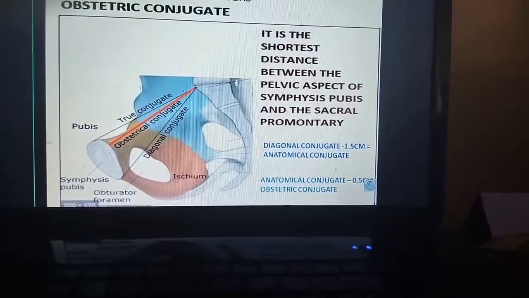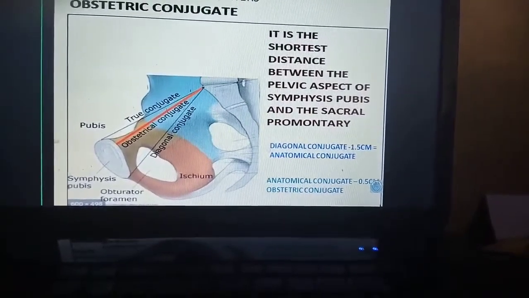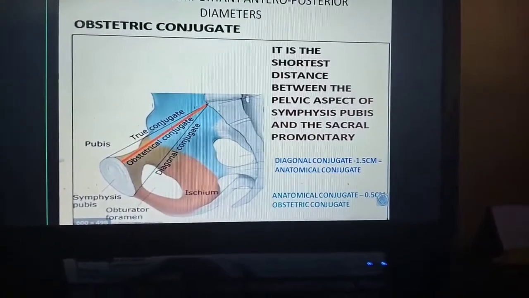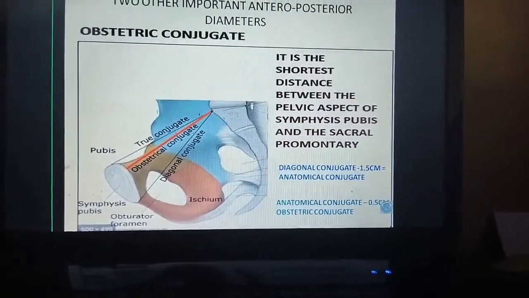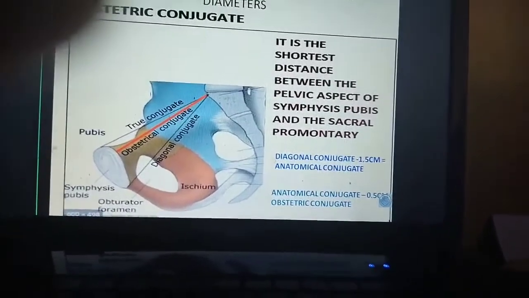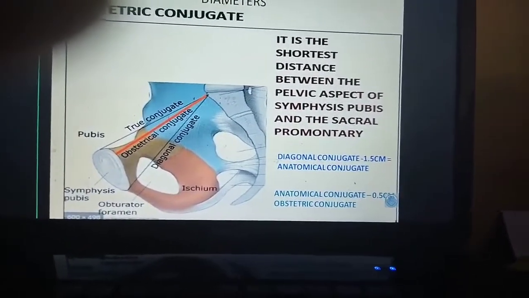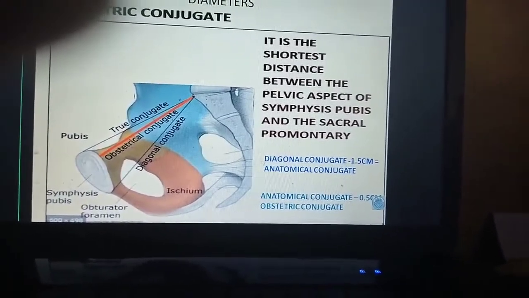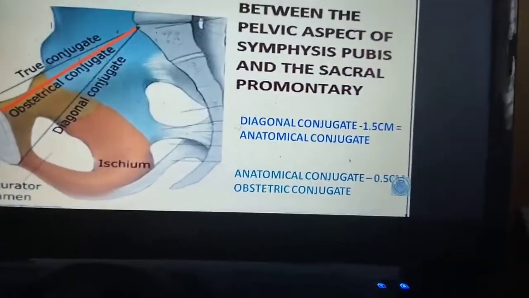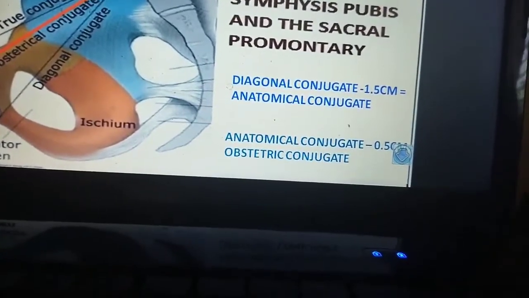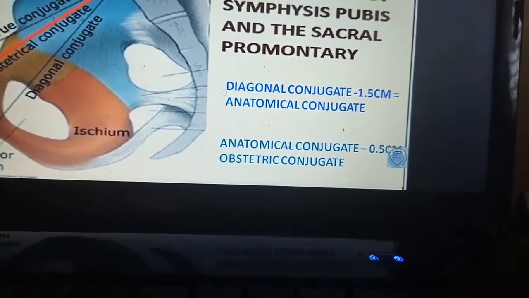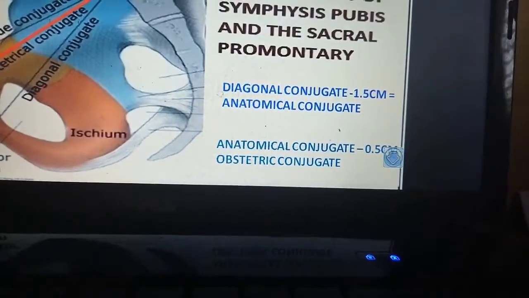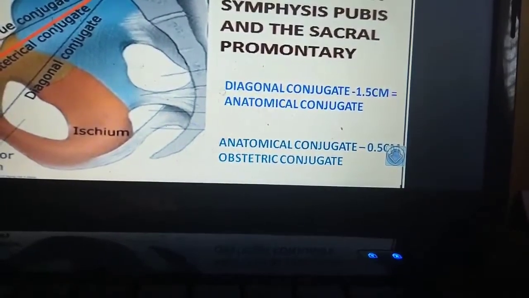So if you know the diagonal conjugate by means of pelvic assessment by a pervaginal digital examination, then you can find out the anatomical conjugate and the obstetric conjugate. How do you do so? It is by this formula, that the diagonal conjugate minus 1.5 centimeters is the anatomical conjugate, and the anatomical conjugate minus 0.5 centimeter is the obstetric conjugate.